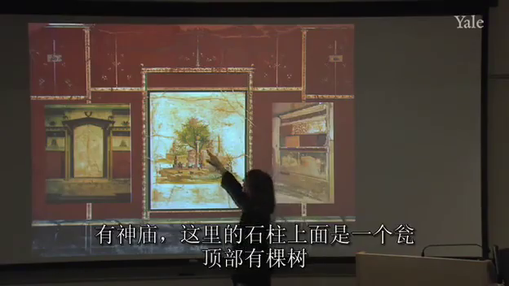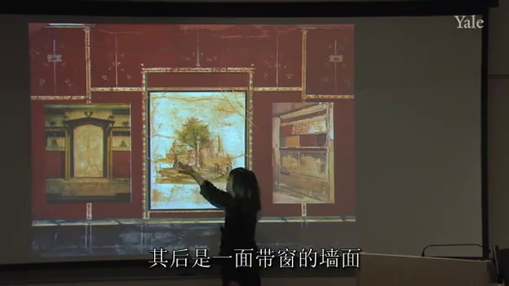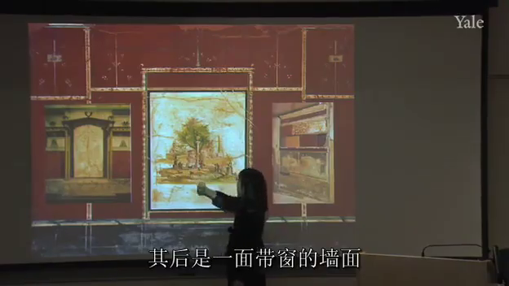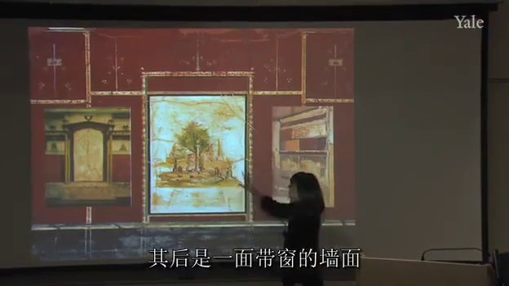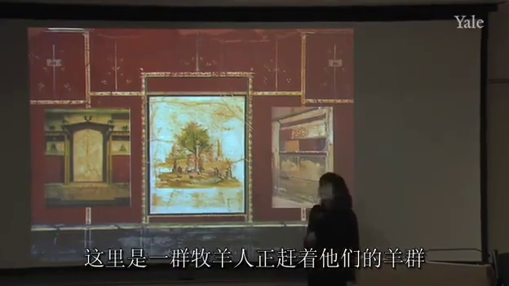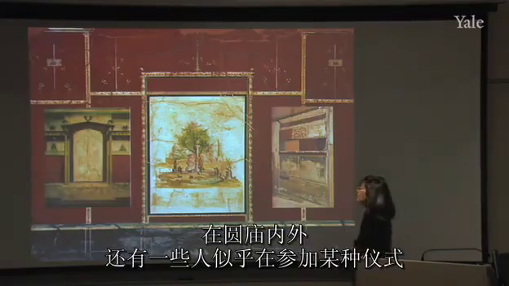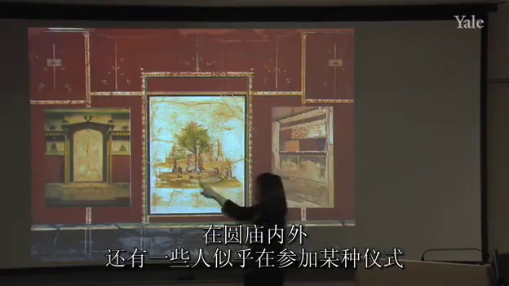It has a shrine, in this case a column, that supports an urn at the top with a tree behind that, some sort of wall with windows over here, and in this case a group of shepherds with their flocks and other figures possibly involved in some kind of ritual located in and around the shrine.